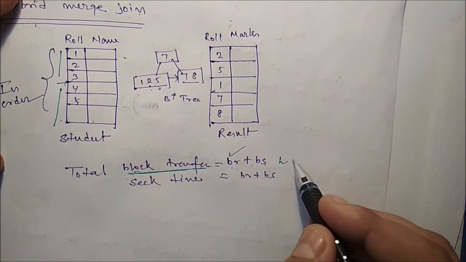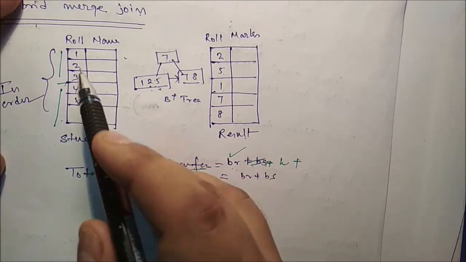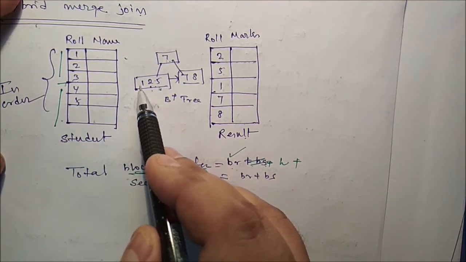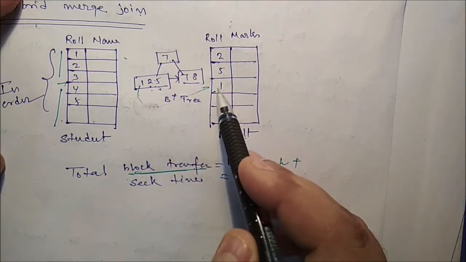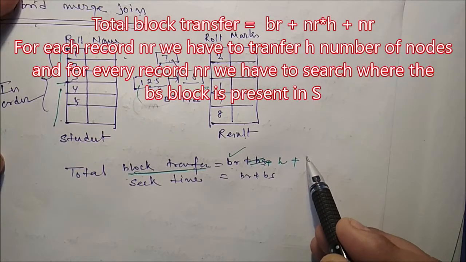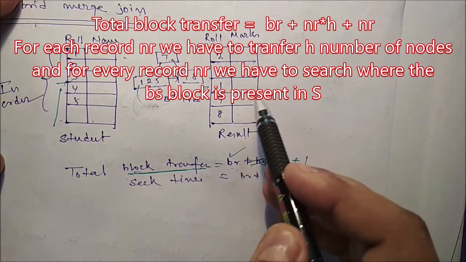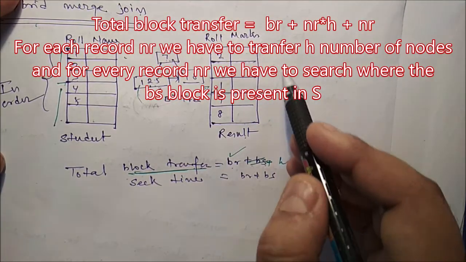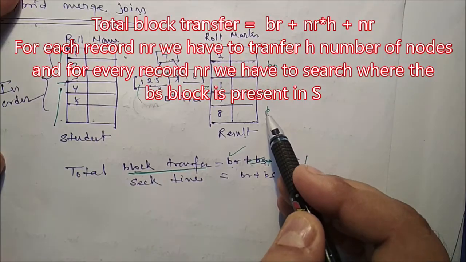After getting this data, suppose we want to compare 1 and identify where 1 is. If 1 is present, we need one block transfer for the block where it is present. Say this is our block 0 and this is our block 1.